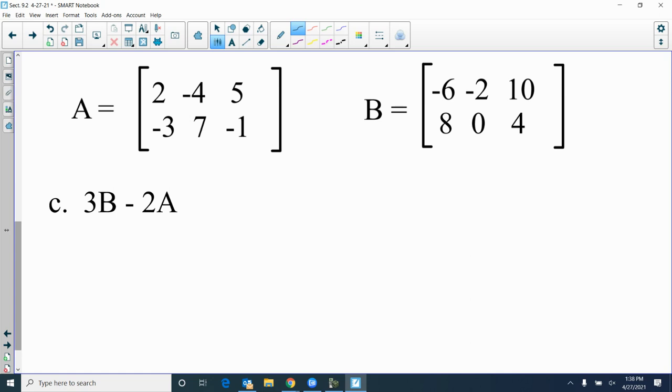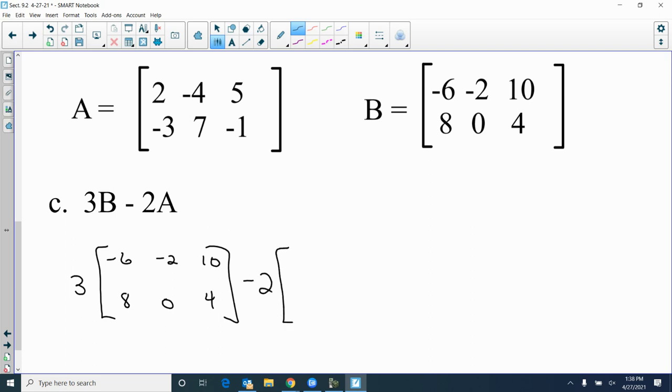So 3 goes in front of B, and that's -6, -2, 10, 8, 0, 4, minus 2 times A, which is 2, -4, 5, -3, 7, -1.